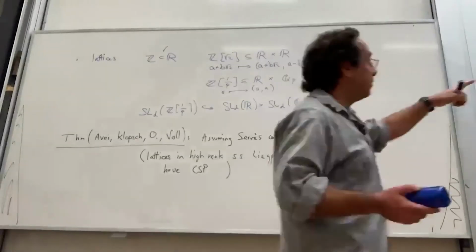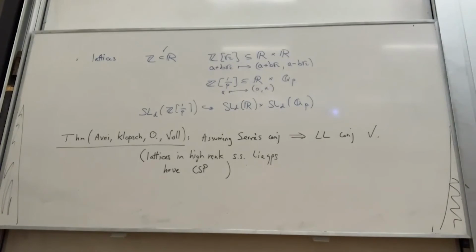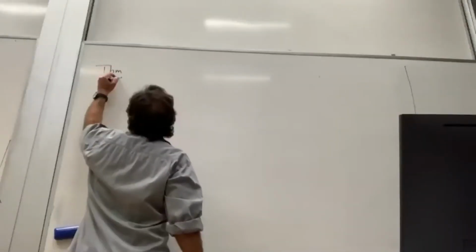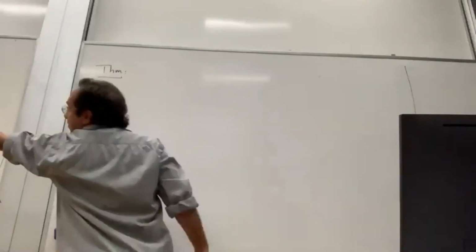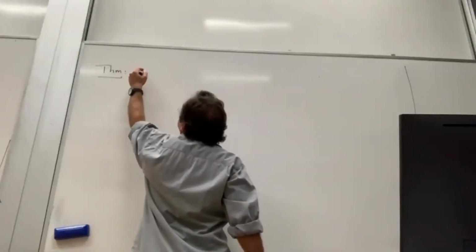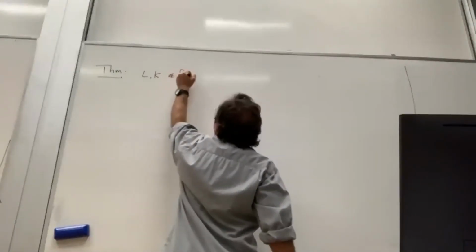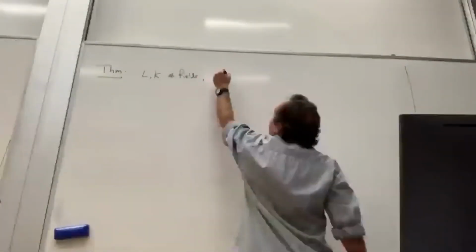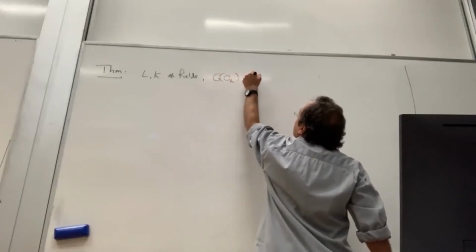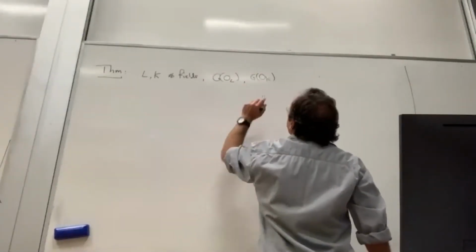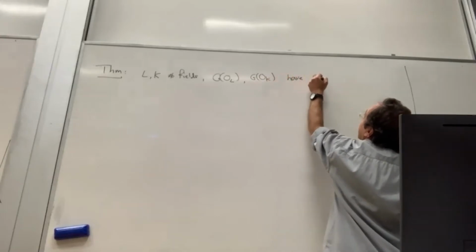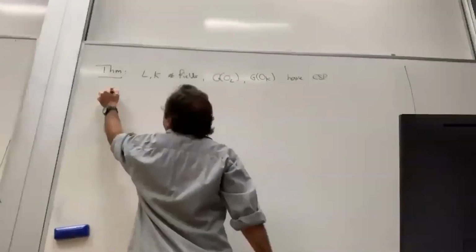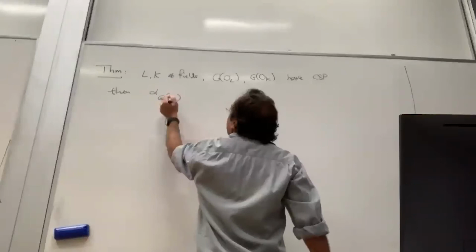But it turns out that because of the arithmeticity theorem that I just said, and because of some more structural properties of irreducible lattices, which I won't have time to explain, this conjecture will follow from another theorem, which says that if we have L and K number fields and a group defined over them, say over the intersection, and suppose that G(O_L) and G(O_K), the arithmetic groups coming from the rings of integers of them, both have the congruence subgroup property, then the abscissae of convergence of the two are the same.